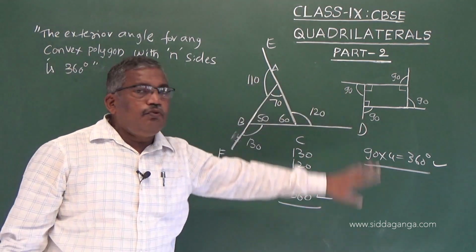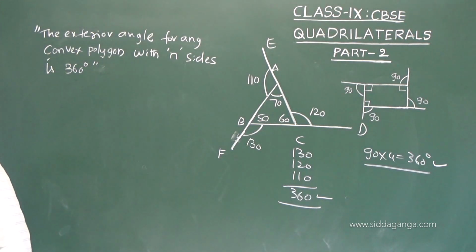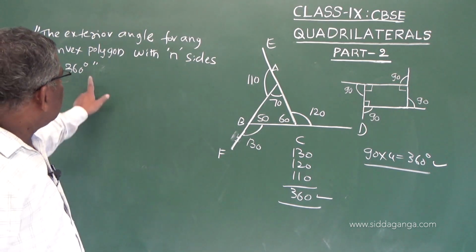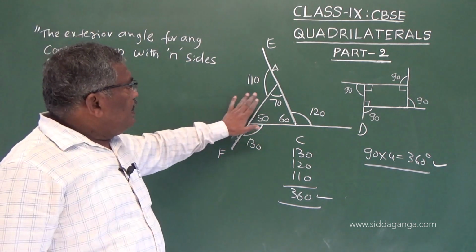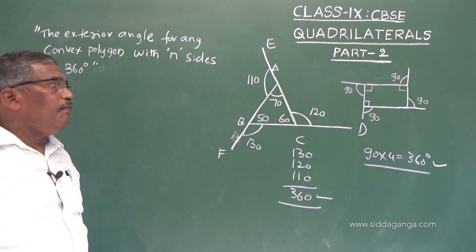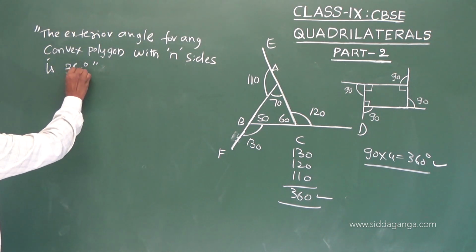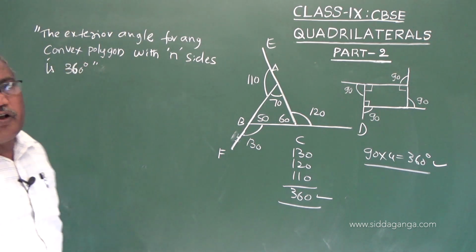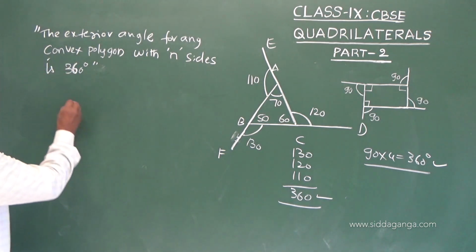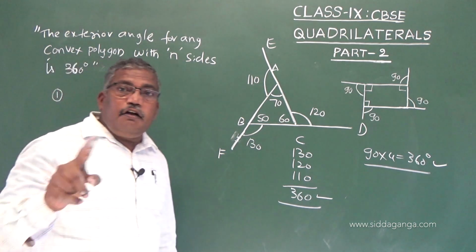You have these two figures, you will understand. When this is 360 degrees, let us consider each exterior angle for a regular polygon. This 360 degrees is the total of the exterior angles in any regular polygon. So let us take up each exterior angle in a regular figure.